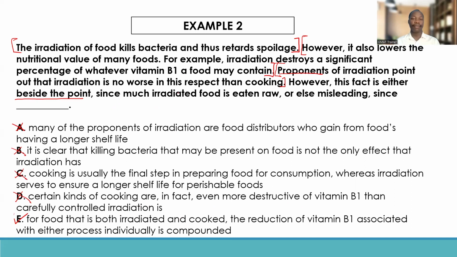So this is misleading because it more or less tells us that if you go with the natural order of flow, meaning you irradiate food, then end up cooking it again, you'd end up compounding the reduction of the nutrient qualities or the vitamins in the food, right? So I think E is a strong choice for this, and E will be the correct answer to this.